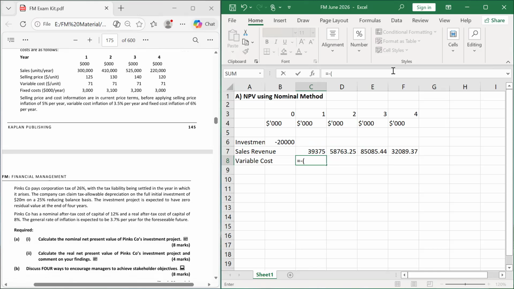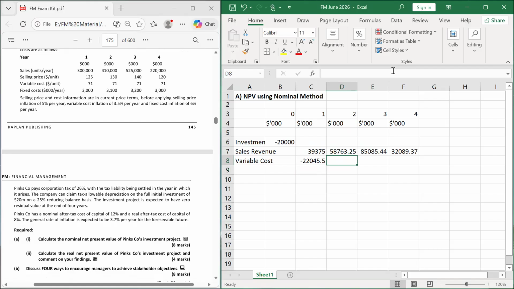So for year one, the units that you are selling are 300, variable cost per unit is 71, and the inflation for the first year is going to be 1.035, because 1 plus 3.5% is equal to 1.035. So power 1, which means the same thing. So this will give you the variable cost.